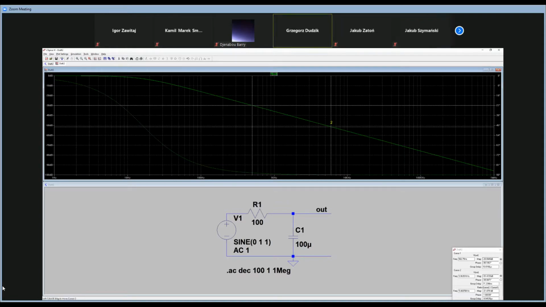Ah, sorry. It is here. Okay, this is the 10. This is the decade. So what is the change? It is 20 dBs. So you have to remember that this circuit has the slope on the amplitude characteristic equal to minus 20 dBs per decade.